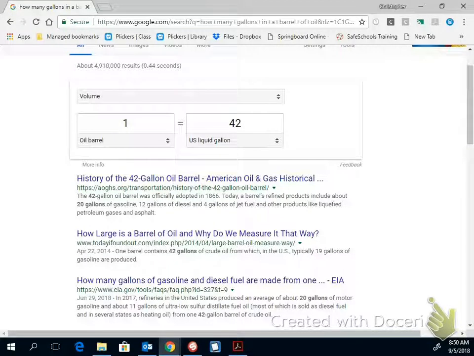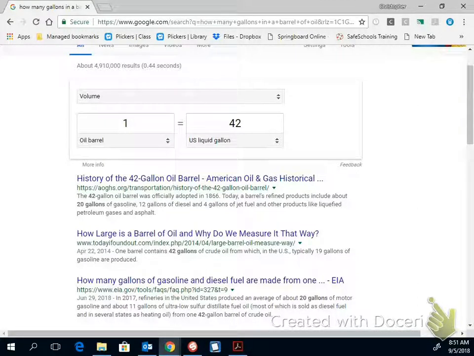Pieces of it are what's called mid-grade. It's in the middle. So if you ever look at the sign that says $2.83 for regular, $2.90 for mid-grade, diesel may be somewhere in between.